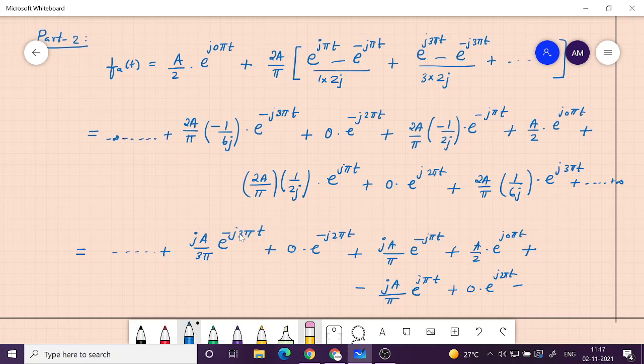So that is minus j a by 3 pi e raised to j 3 pi t plus etc.